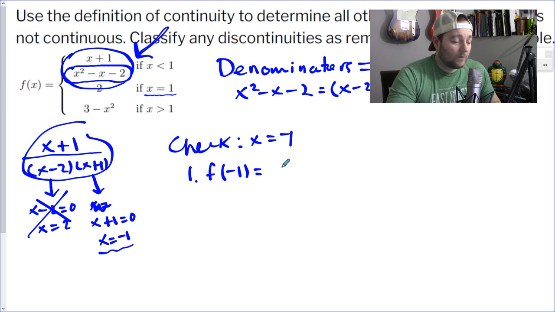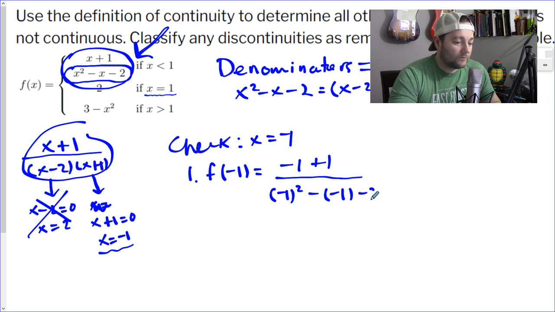So I sub -1 into where x is. So -1 plus 1, all divided by -1 squared minus -1 minus 2. And I end up with 0 on the top. And on the bottom, I got 1 plus 1 minus 2 is 0.